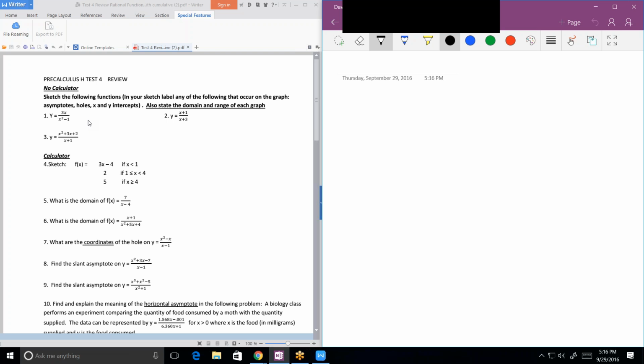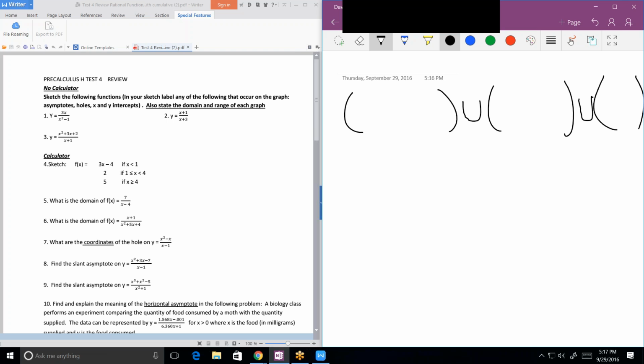Now, do they make you give domains and ranges in interval notation? Yeah, they do. Okay, what's the interval notation for the domain on number 1? I'll give you a hint. If it can't be -1, what can it be?